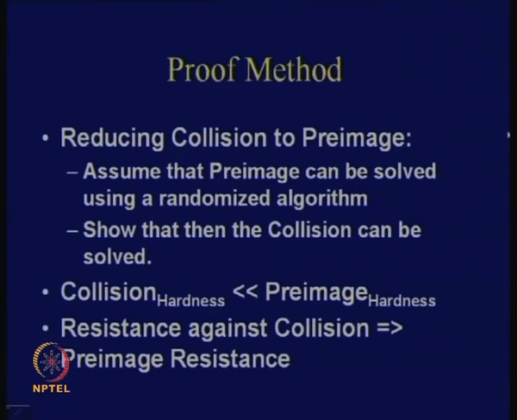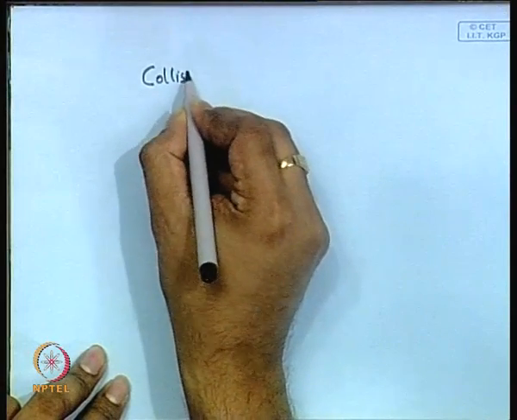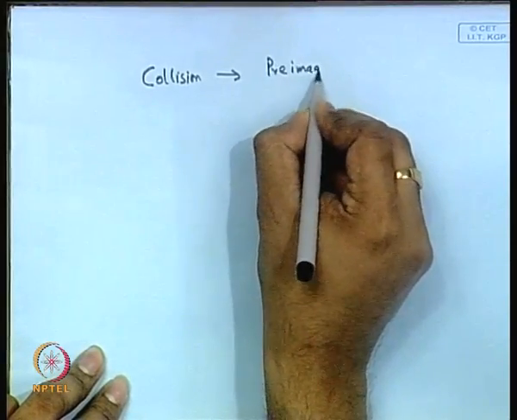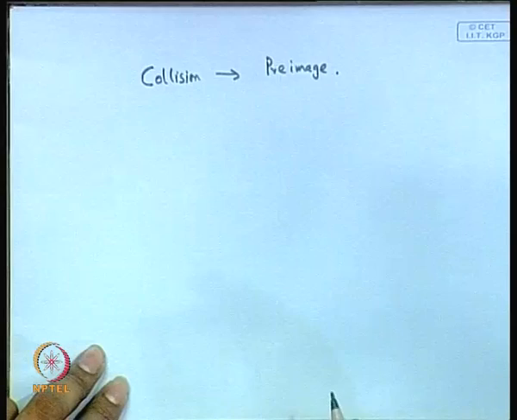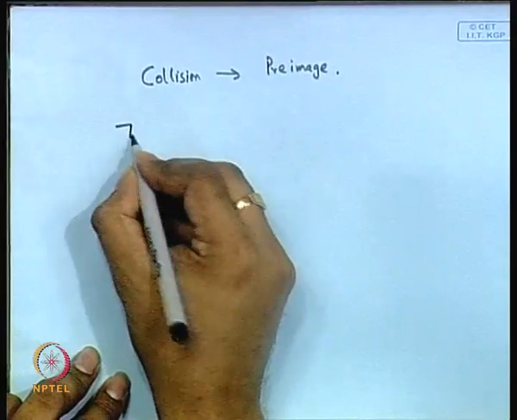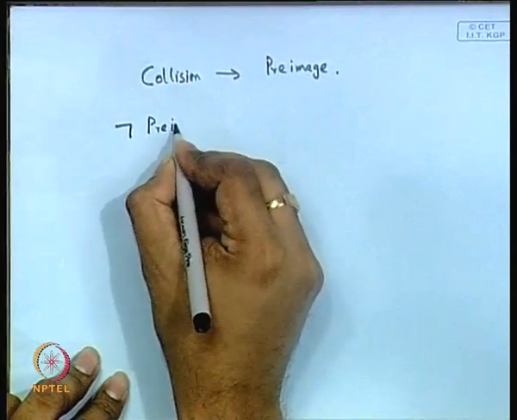Again we will fall back to our algorithm class, and what we will do is this: suppose I want to reduce my collision problem to a pre-image problem. So suppose I assume that the pre-image problem can be solved. In notation terms, suppose not pre-image problem.